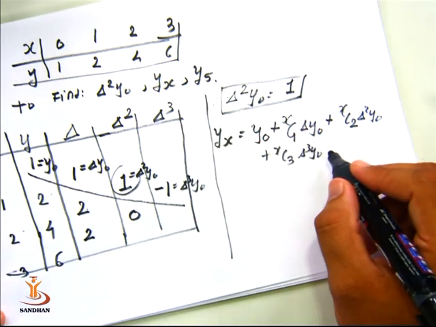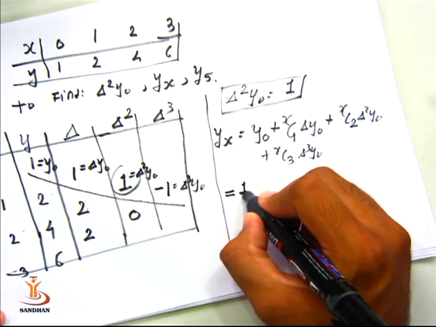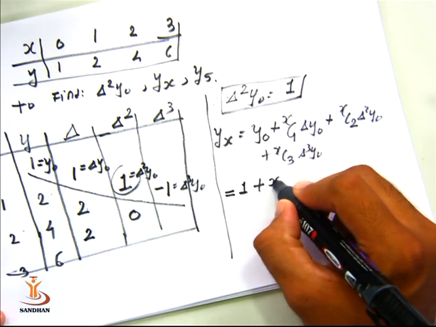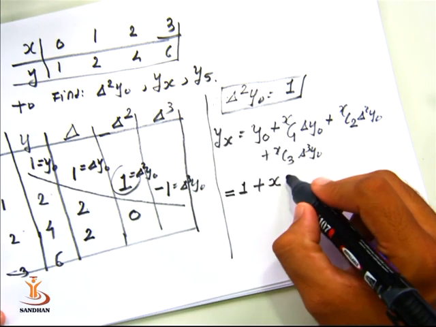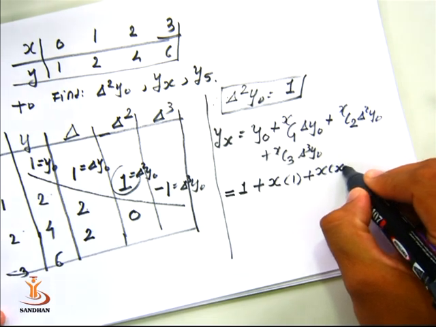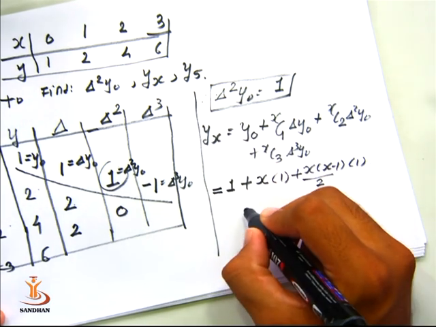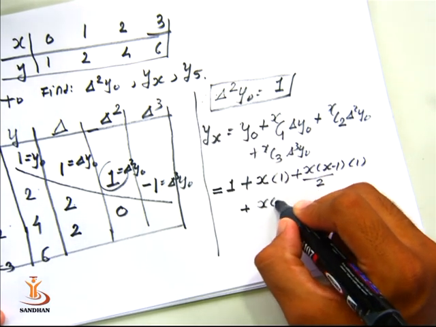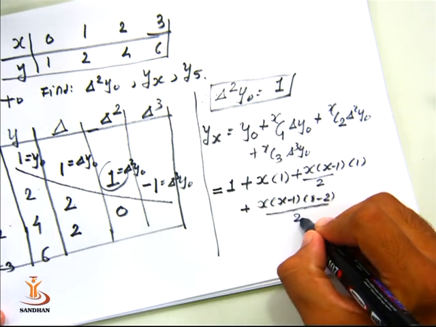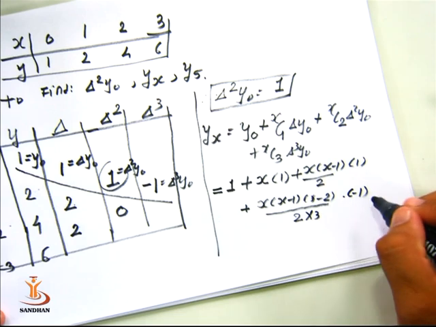So let us try to simplify the values keeping the x as it is. y0, which is given to us in the table as 1, plus, if you solve xC1 using the concept of combinations, you get x into delta y0, again referring to the table, we have the value 1, plus xC2, that is x into x minus 1 by 2, and again delta 2 y0 is 1, plus xC3, which is written as x into x minus 1 into x minus 2 divided by 2 into 3, and delta 3 y0 is minus 1.